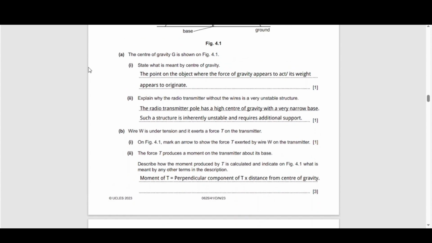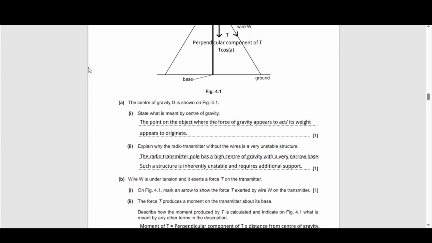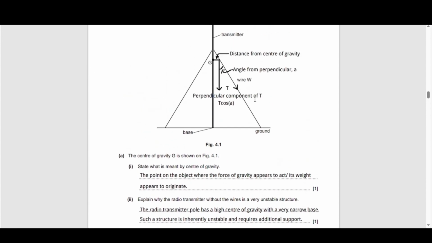Describe how the moment produced by T is calculated and indicate on figure 4.1 what is meant by any other terms in the description. So the moment of T, i.e. the turning effect that T causes on the transmitter, is equal to the force T, which is the tension, multiplied by the perpendicular distance that the force acts from the pivot point.